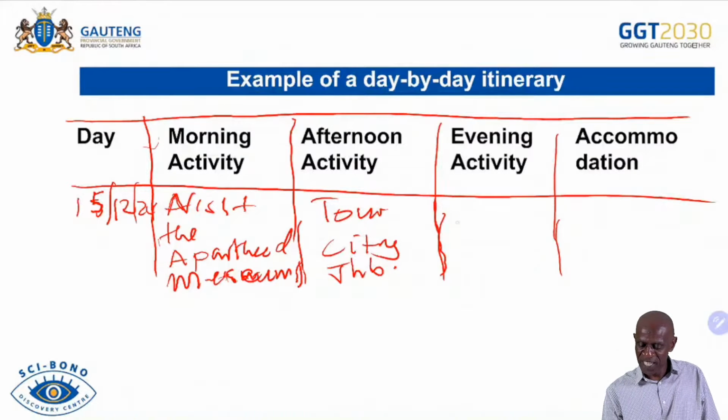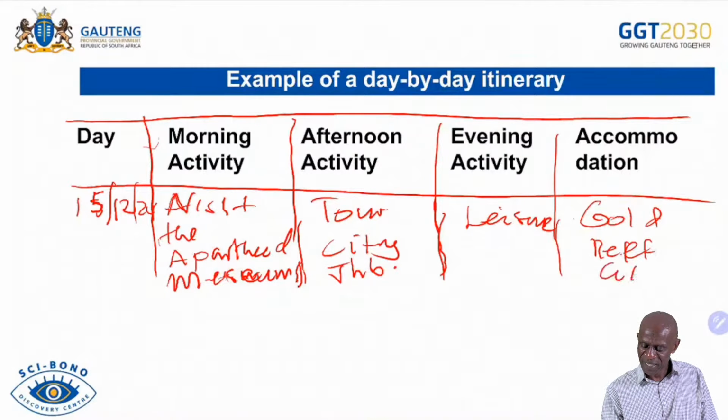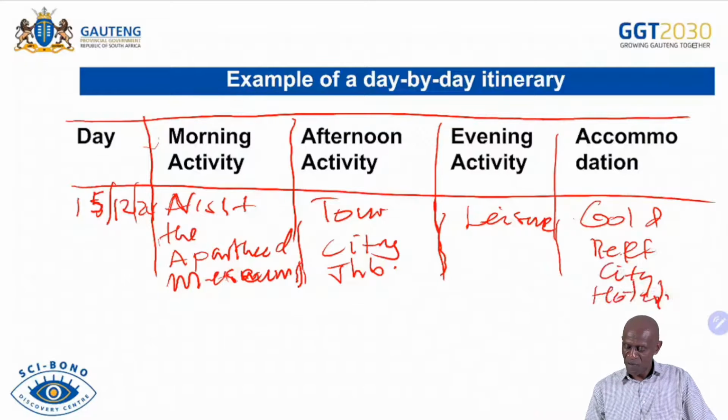The evening activity, you can have leisure activity, and accommodation, you'd say Gold Reef City Hotel. So this is just one other method of how you present an itinerary.